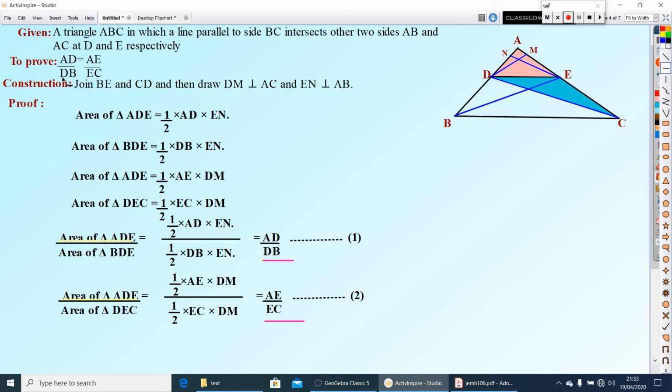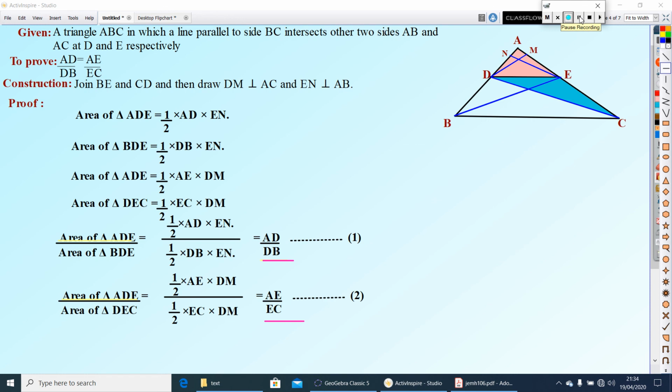That is what is to be proved: AD by DB is equal to AE by EC. That means equation 1 and equation 2 are equal, and you can say AD by DB is equal to AE by EC if the LHS are equal. Both numerators are equal.